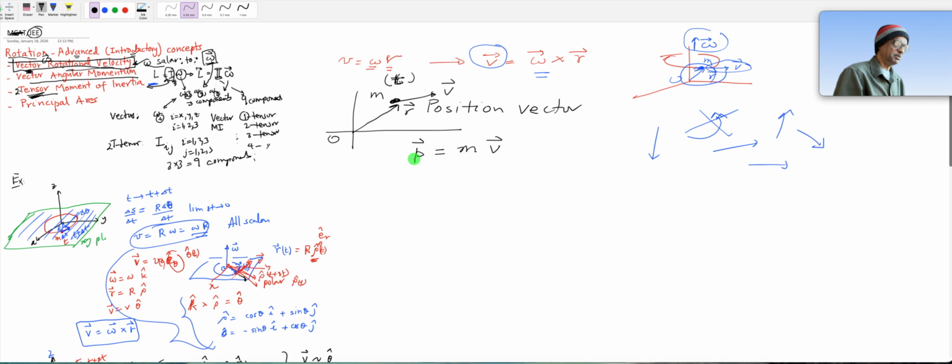So this is a momentum vector, right? All right, so this is the momentum vector. It is a vector quantity, and sometimes called linear momentum, or translational momentum.